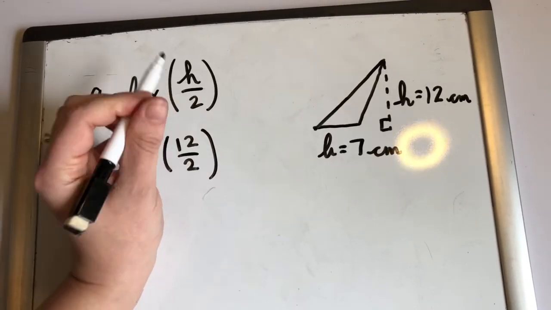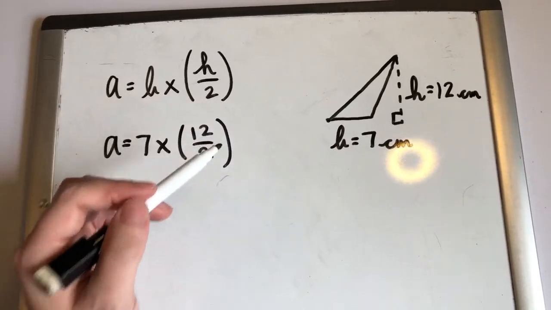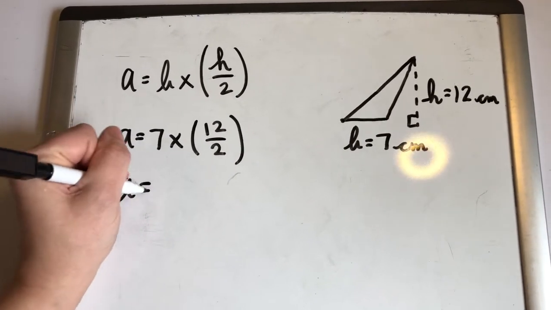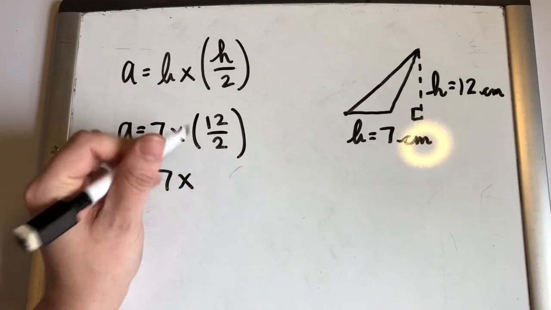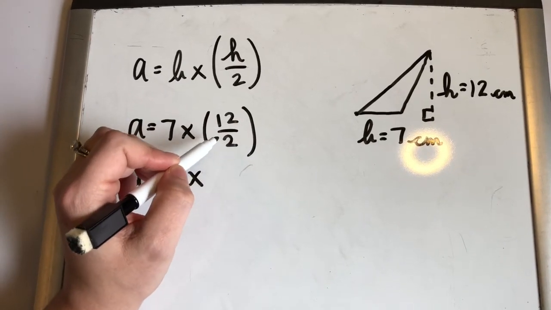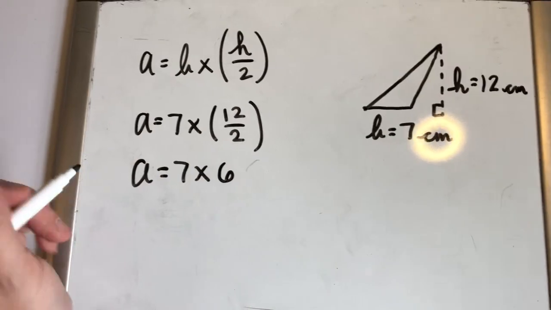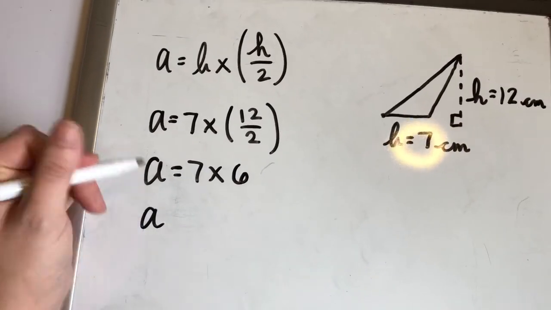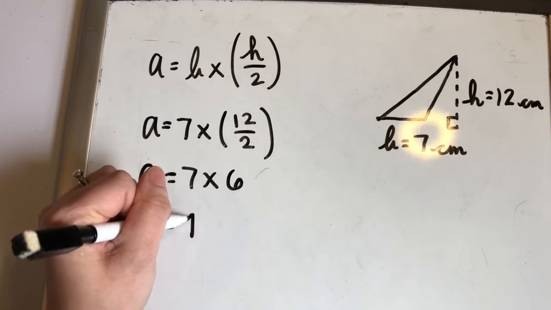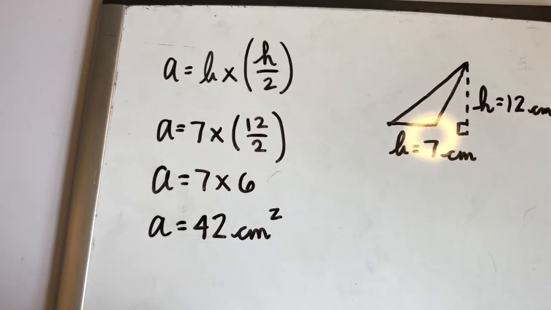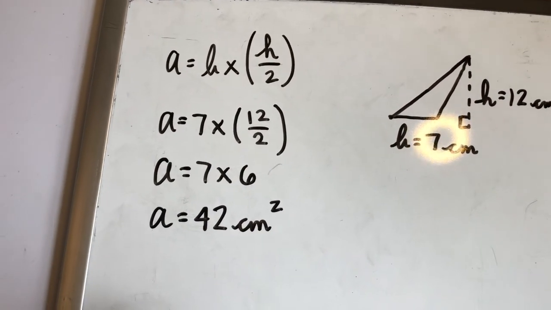So because this is in parentheses, we do it first. So I have area equals 7, and then 12 divided by 2 is 6. Half of 12 is 6. 7 times 6. So our area equals 42 centimeters squared, or 42 square centimeters.